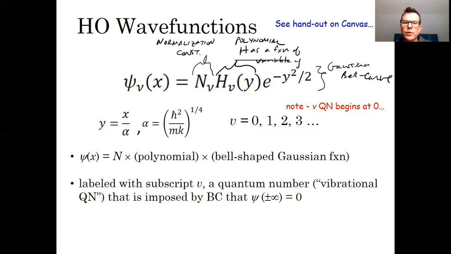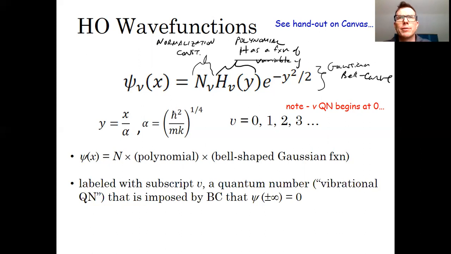The first is that you'll notice that this is labeled with a subscript v. V is a quantum number. It's a counting number, 0, 1, 2, 3, whatever. We refer to this as the vibrational quantum number. And just like the particle in a box, where we require the wave function to go to 0 at the edges of the box, or the potential, in this case, when x is equal to plus or minus infinity, the potential is infinite, 1/2 kx squared.